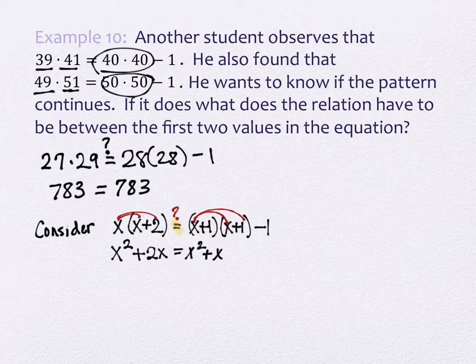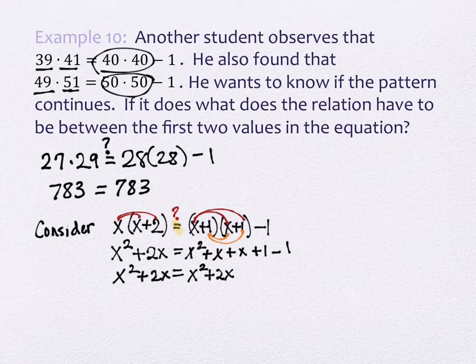And then the 1 also has to distribute through to each of them, which would be another x plus 1. And I've still got that minus 1 on the end. So if I clean up the right-hand side, what am I going to have? x squared plus 2x. The very same thing I already had on the left-hand side.